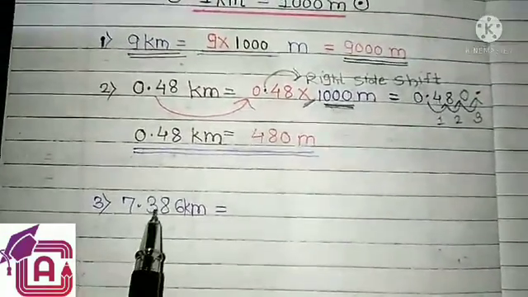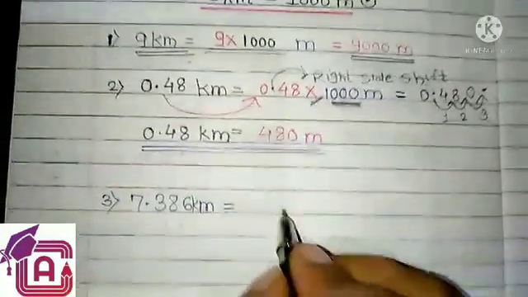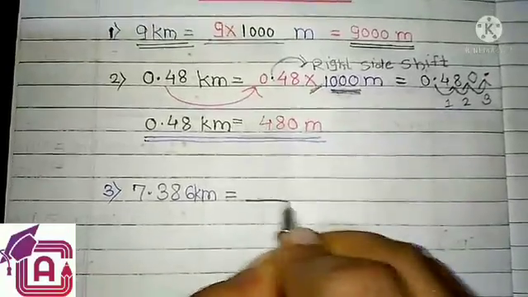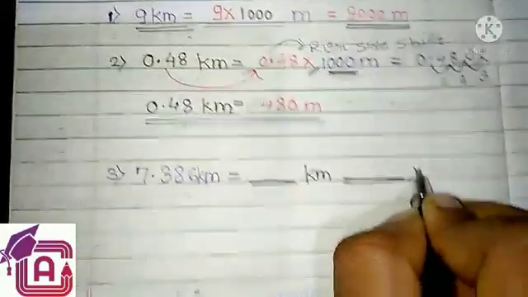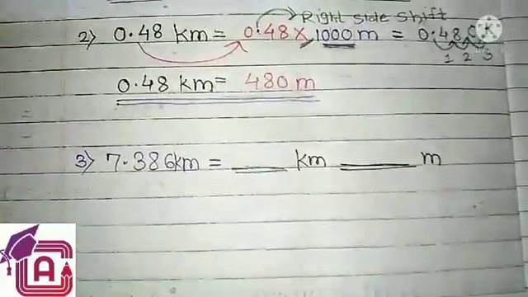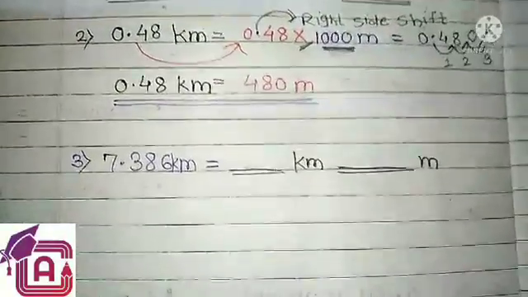That is, 7.386 kilometer is equal to how many kilometer and how many meter is present in the given distance. So how to identify it?